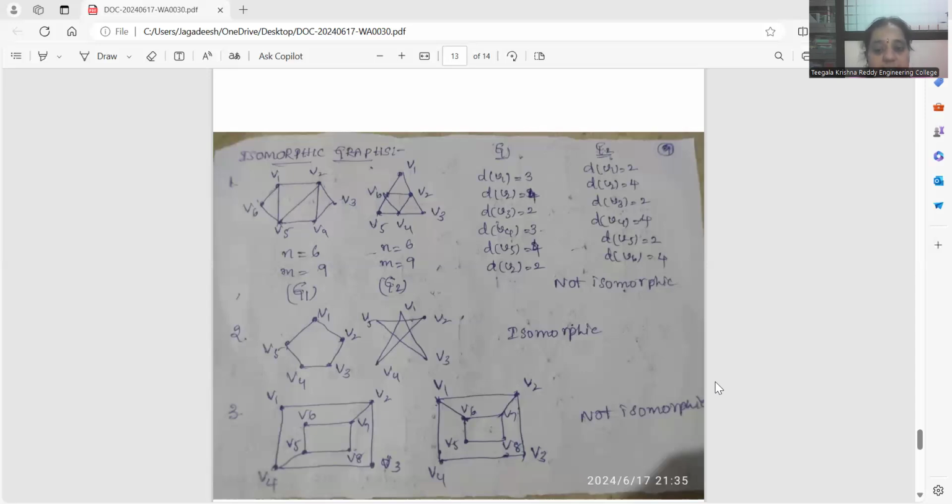Whereas in G2, even though it has the same number of vertices and the same number of edges, 3 vertices have degree 2 and 3 vertices have degree 4. The adjacency of the vertices is not preserved here because there is no vertex with degree 3 in G2. So the adjacency is not preserved, and both graphs are not isomorphic.